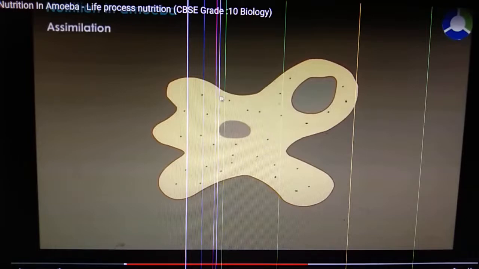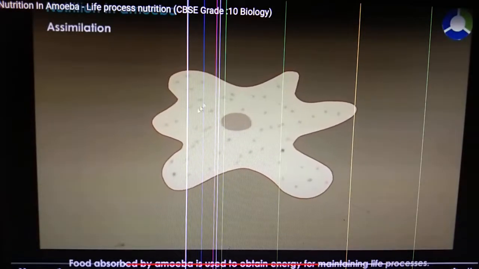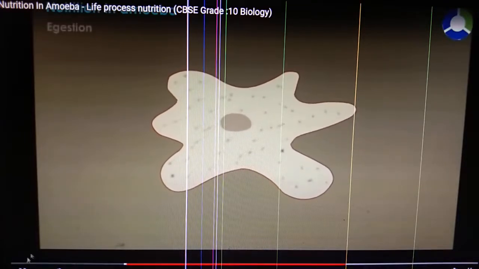Whatever food is absorbed in the cytoplasm, from that food the cytoplasm derives energy. This process is called assimilation. Assimilation means derivation of energy. See here, the cytoplasm in the amoeba derives energy by the process of assimilation.